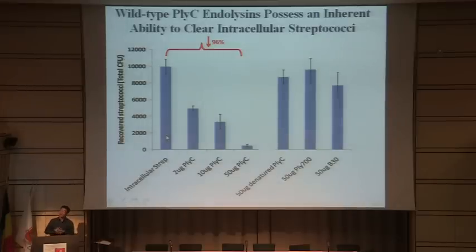Then we added heat-denatured PlyC and also some other wild-type endolysins to show that this phenomenon is truly contributed by the enzyme active domain of PlyC and is very specific to this endolysin.